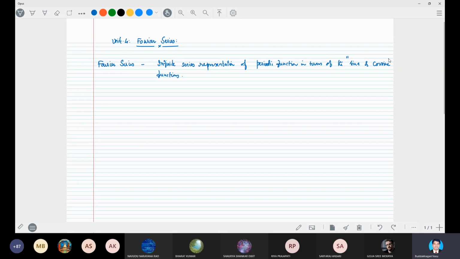This is very, very important. So this Fourier series is an infinite series representation of periodic functions in terms of sine and cosine functions.